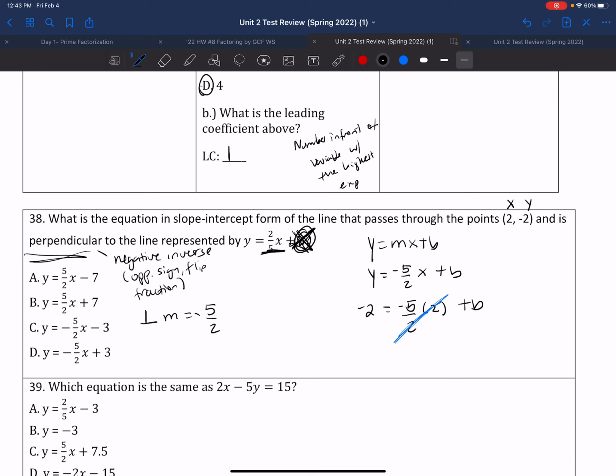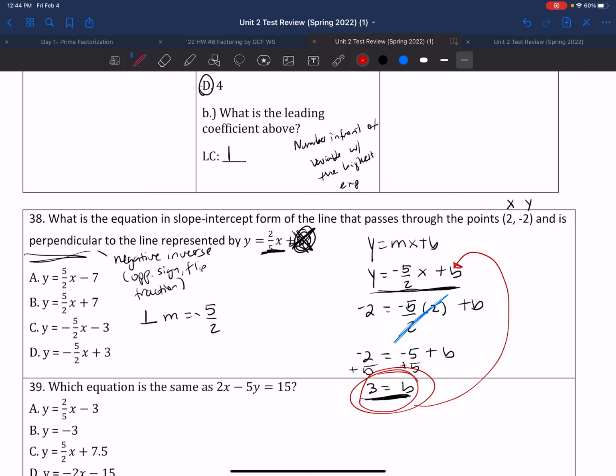So then I'm left with negative 2, which is equal to negative 5, plus b. I'm going to add 5 to both sides. So I'm left with 3 is equal to b. Okay, so since b is equal to 3, I'm going to use this information and replace b with that value.